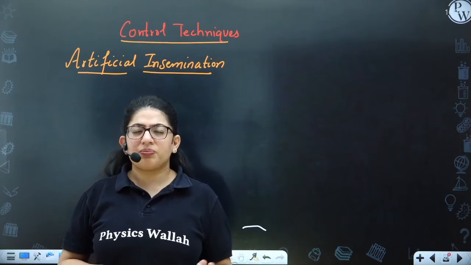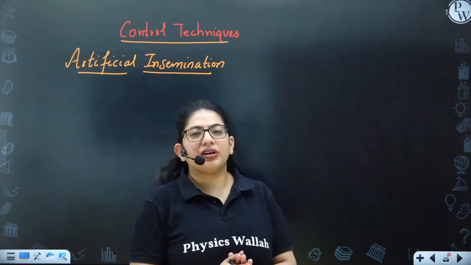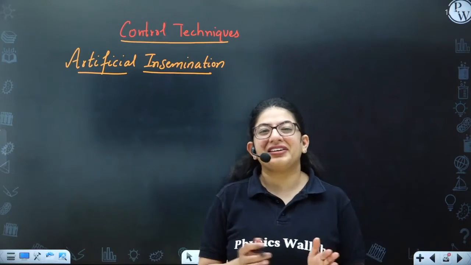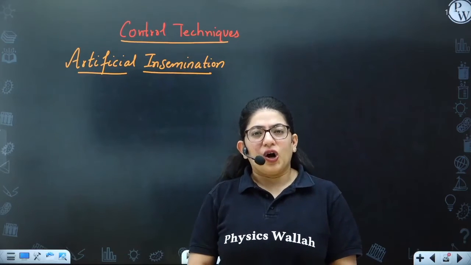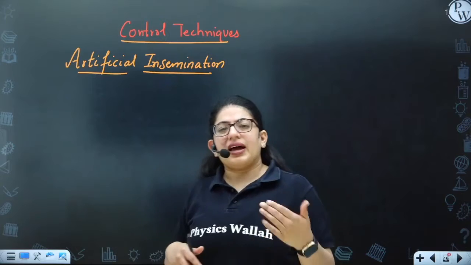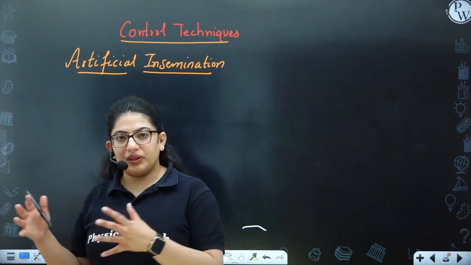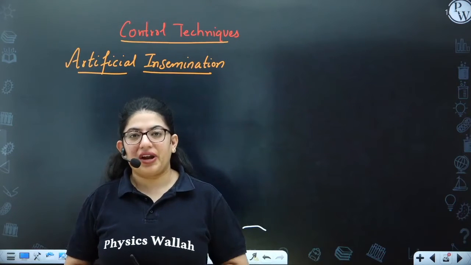But that's a cumbersome process, letting the two sexes mate. Also, sometimes some have only females, others have only males. So at that time, a veterinarian will take the semen of the bull and deposit it into the female tract.